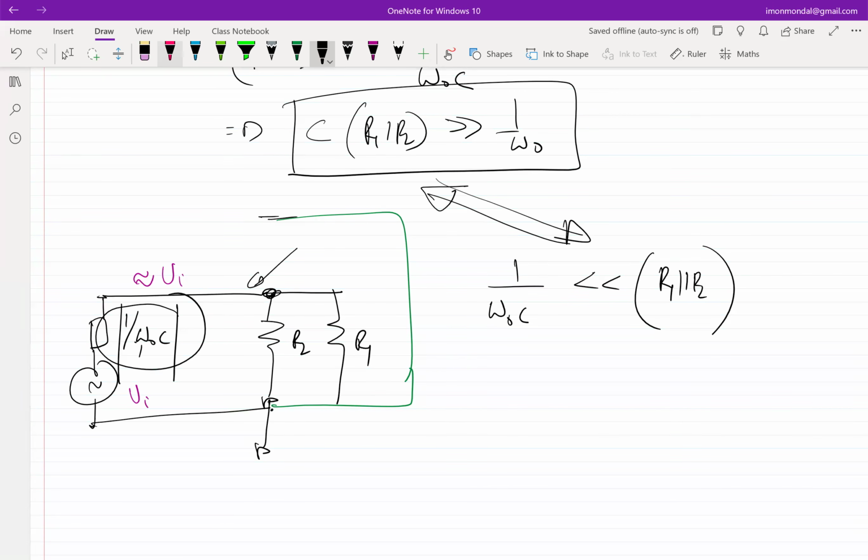Okay, so there is another way of thinking about this, and that is as follows. Have you heard of this thing called time constants? What do you understand by time constants? Let me rephrase. If I say a circuit has a large time constant, what does it mean? Capacitor voltage decreases slowly, right?